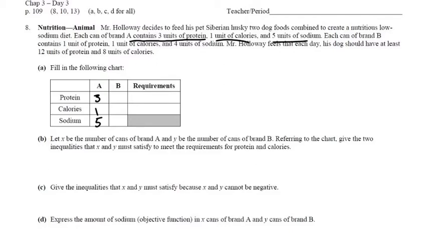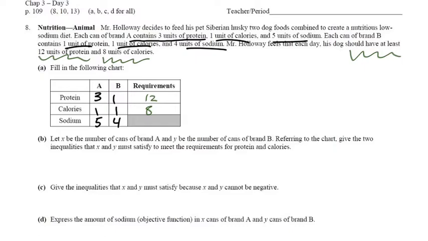And then for brand B, we've got 1 unit of protein, 1 unit of calories, and 4 units of sodium. And for the dog to be healthy, the dog should get at least 12 units of protein and 8 units of calories, so I'm going to put 12 and 8 for the requirements. All right, so far so good. We've got the table completed.